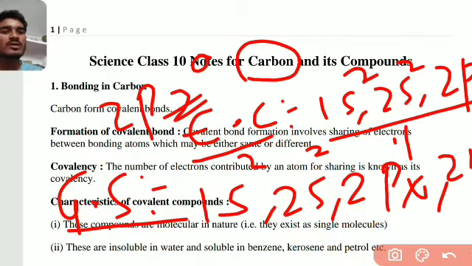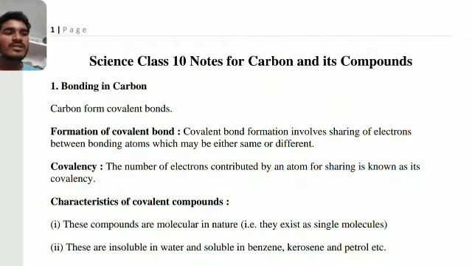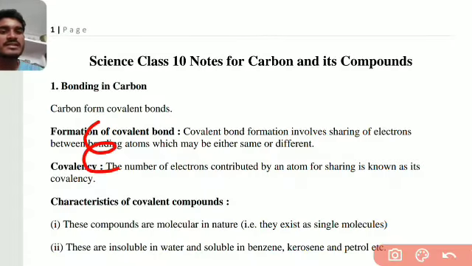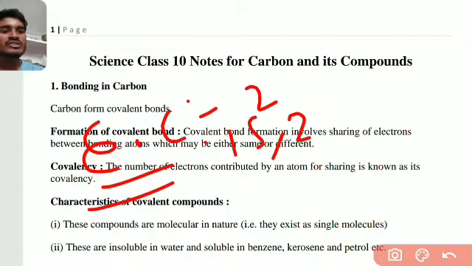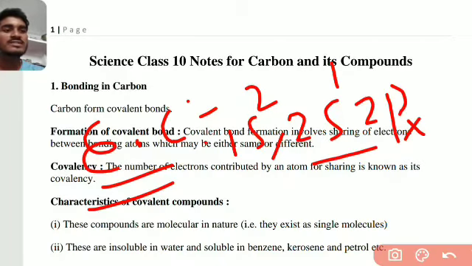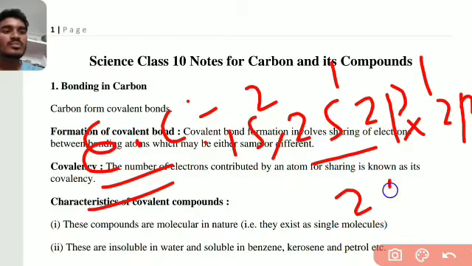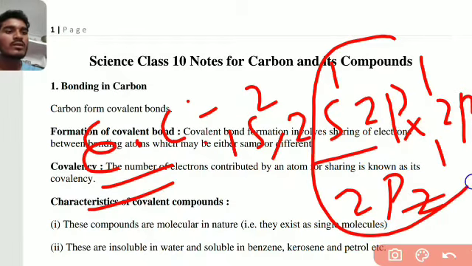In the excited state, we have 1s2 and 2s1, where an electron from the s orbital jumps to the p orbital, giving 2px1, 2py1 and 2pz1. It will form four bonds, meaning four electrons form 4 covalent bonds.